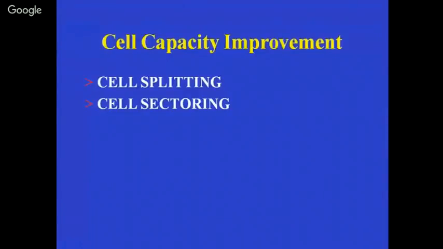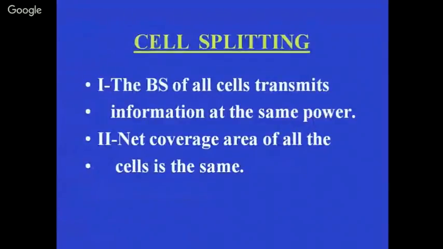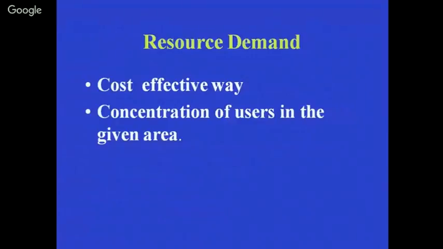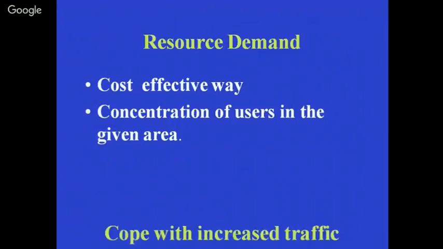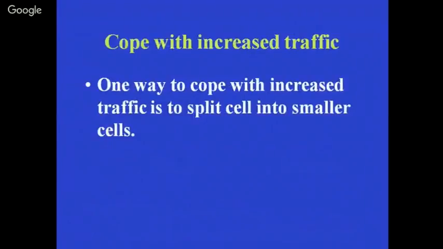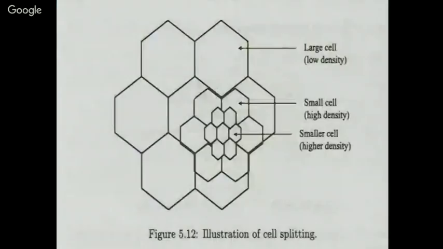Let us see cell splitting first. Divide into a larger number of cells to increase the coverage. Cost, efficiency, and other things will increase. You have to keep that in mind, because if you want to accommodate more subscribers, you have to increase the business. Certainly, cost will increase. Increase the traffic. Split a cell into a number of cells. See here, these were the original cells.